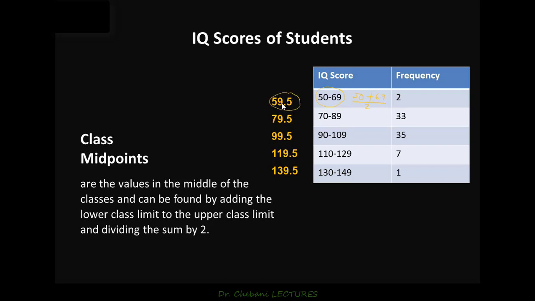The reason why the midpoint is important is, remember previously I said we don't actually know the numbers that are in this group. We know that there are 2 data points, but we don't know what those exact numbers are. But the midpoint gives us a representative number for that class, right? So for the first class, the representative number is 59.5. For the second class, the representative number is 79.5.